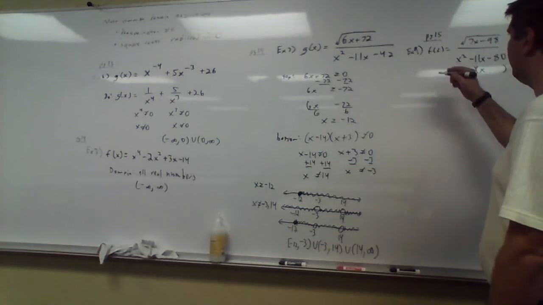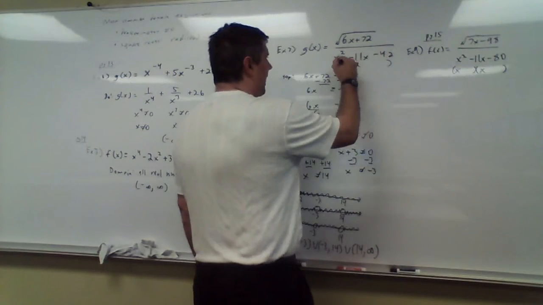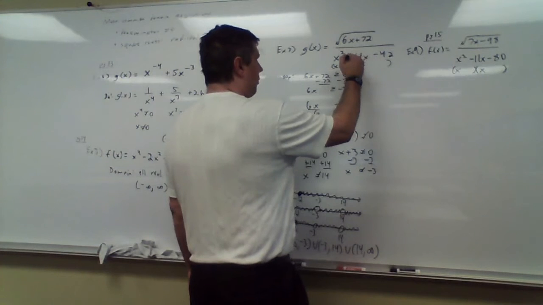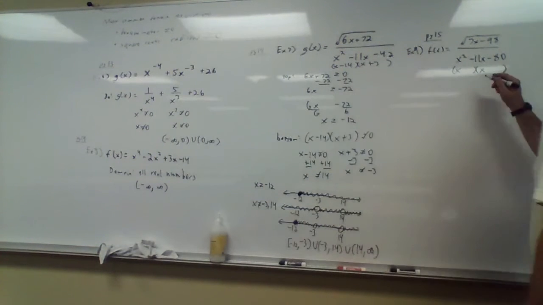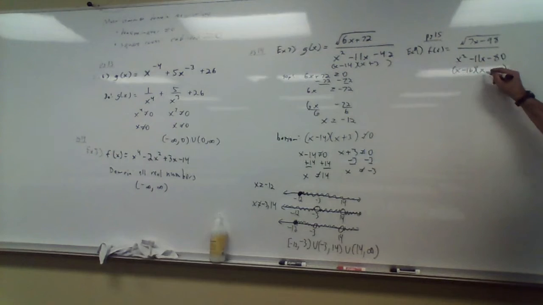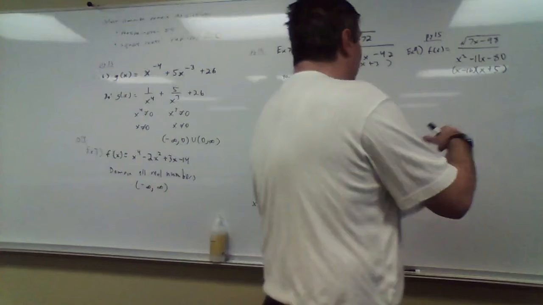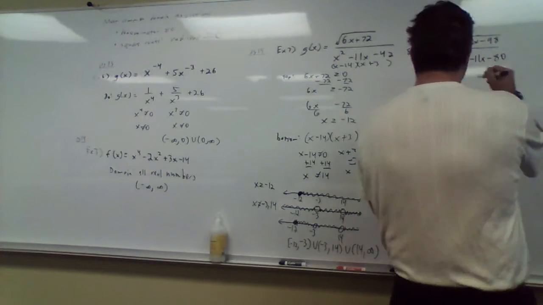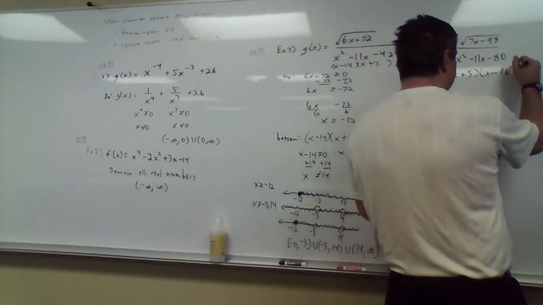Well, I suppose I could have done it as well here. X, negative 16, positive 5. Okay? Let me go ahead and write that more legibly. X plus 5, x minus 16.